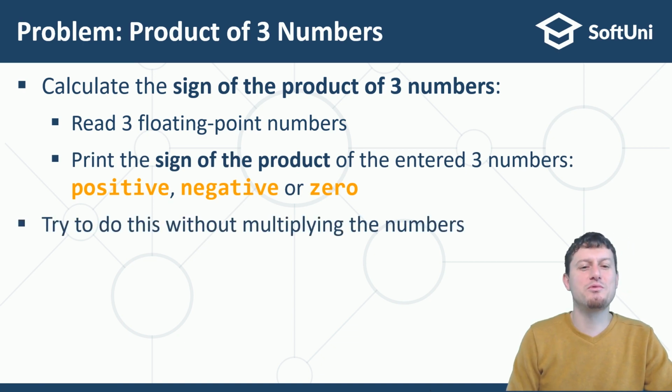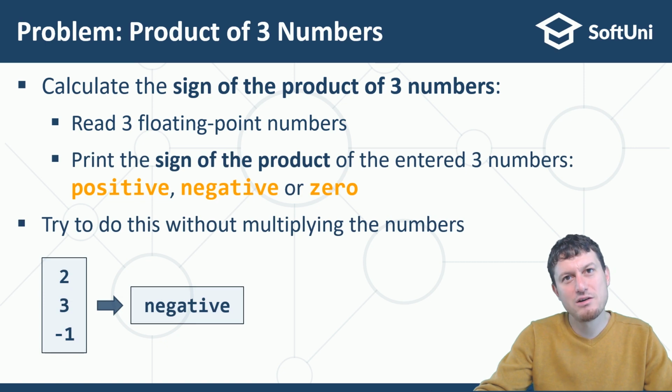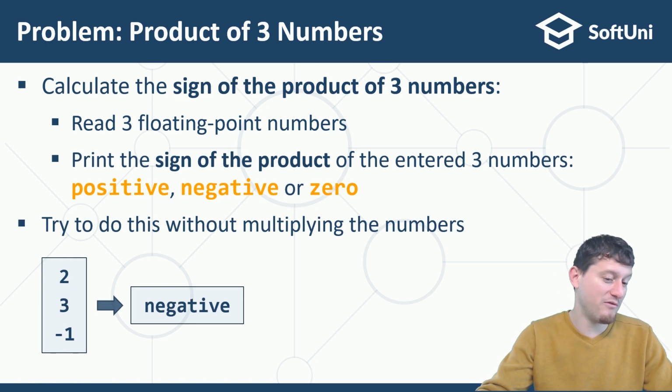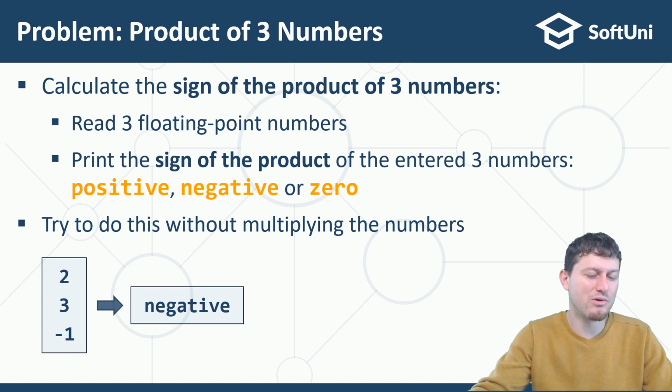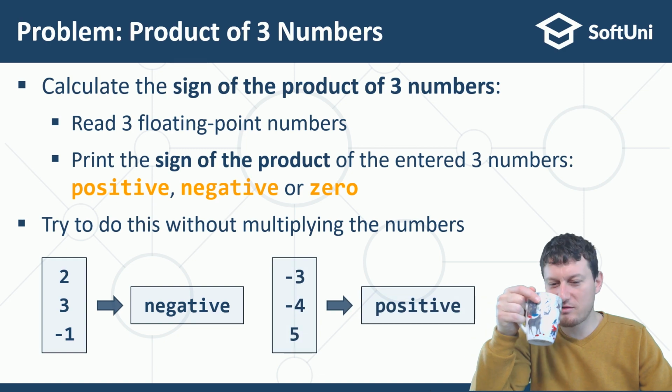We can do this by multiplying the numbers, or without multiplying, by considering that if we have an odd number of negatives, the result will be negative. If one of the numbers is 0, the product will be 0, and otherwise it will be positive.